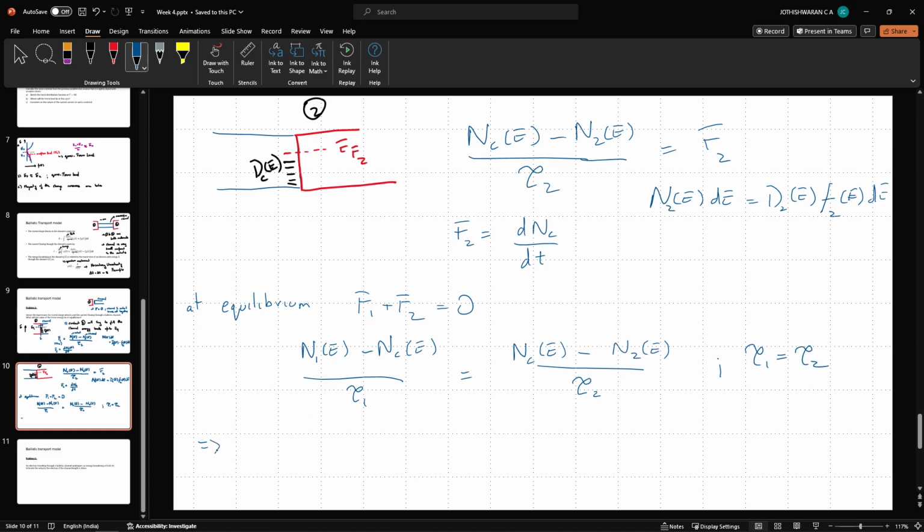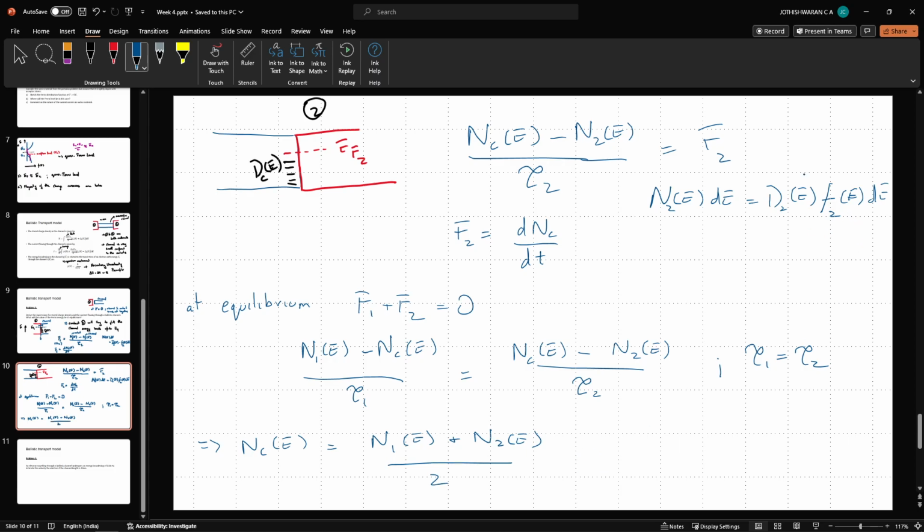Now this will give us NC of E equal to N1 of E plus N2 of E divided by 2.